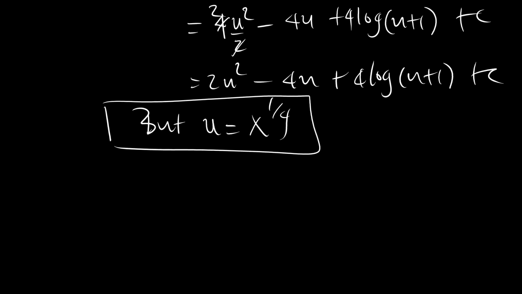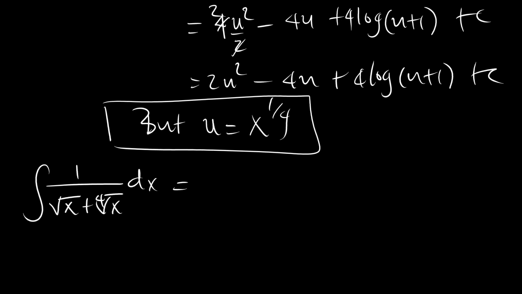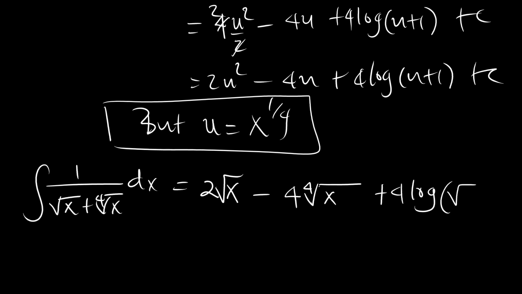So in other words, the integral of 1 over square root of x plus the 4th root of x is equal to 2 square root of x minus 4 times the 4th root of x plus 4 log of the 4th root of x plus 1 plus c.